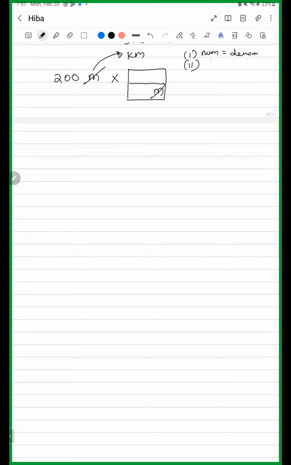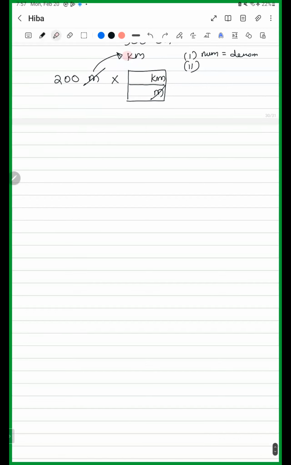So you have to write that unit in the denominator which you're going to cancel, and the thing you actually want you will write in the numerator. What do we need? We need kilometer. So we're going to put that in the numerator.